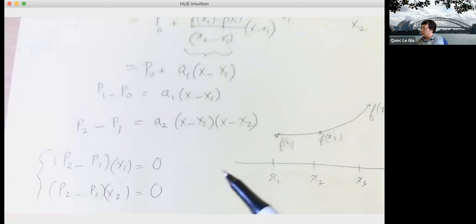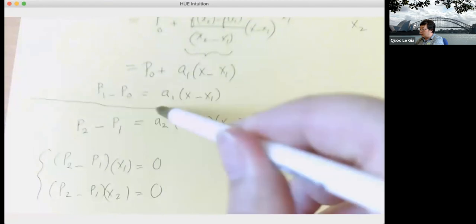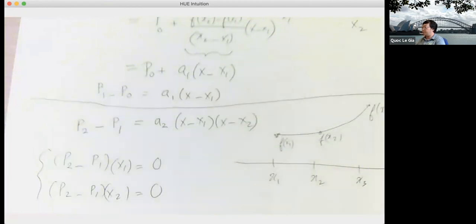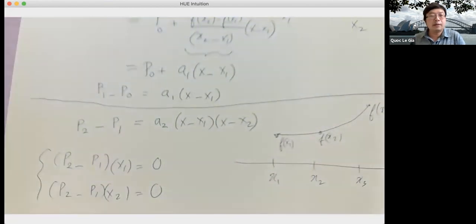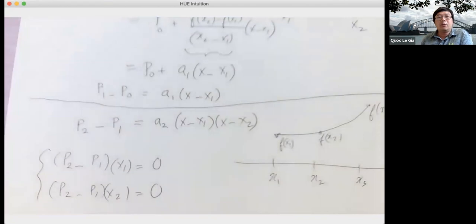So this one is for when you have 3 points, and eventually you can repeat the arguments. So why is P2 minus P1 at x1 equal to 0? Good point. Remember, how do we define P2?